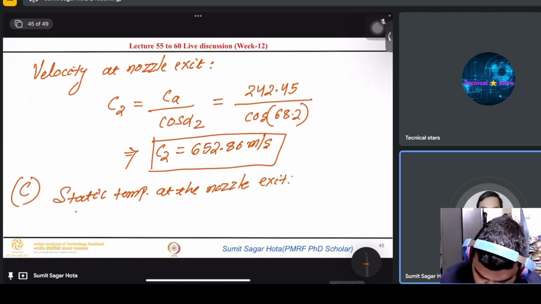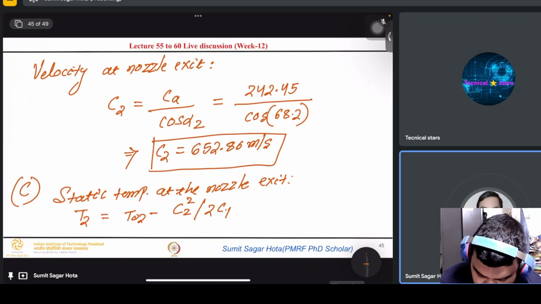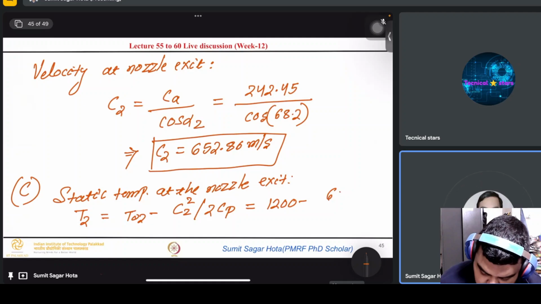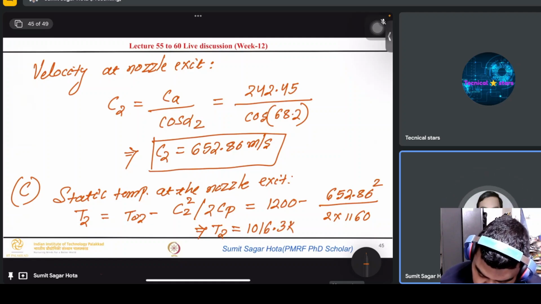T2 is equal to T02 minus C2 square divided by 2 Cp, equal to 1200 minus 652.86 square over 2 into 1160. So T2 equal to 1016.3 Kelvin.